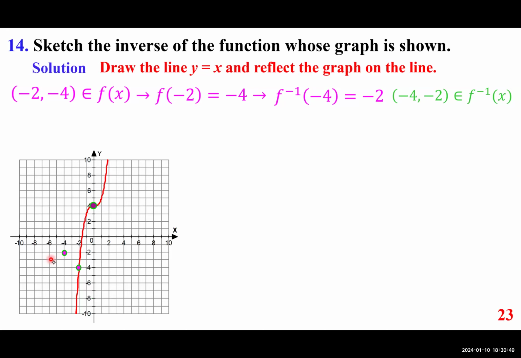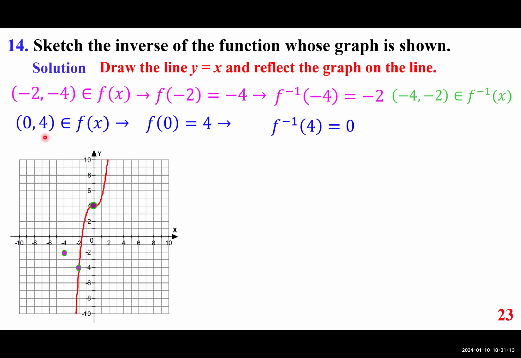Look at this point. The y-intercept is located at 0, 4. That means 0, 4 belongs to f of x, which means f of 0 must be 4. Which means f inverse of 4 must be 0.